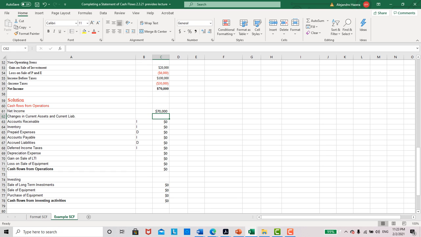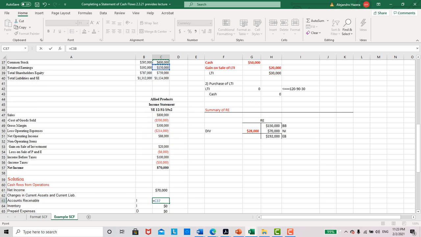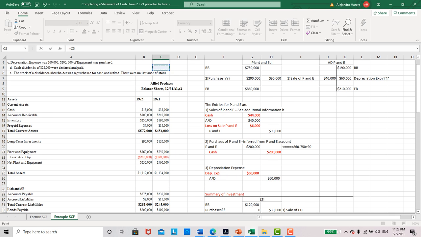Start with income. Then we've got changes in three assets. The easiest way to do this is, the adjustment for assets is the opposite of the direction of their change. So the easiest way to capture that is you look at accounts receivable.